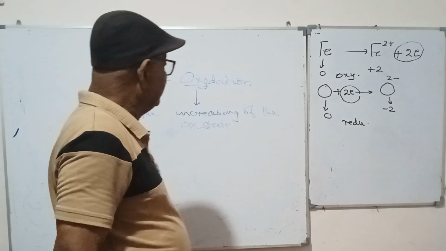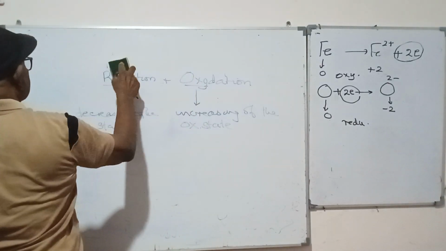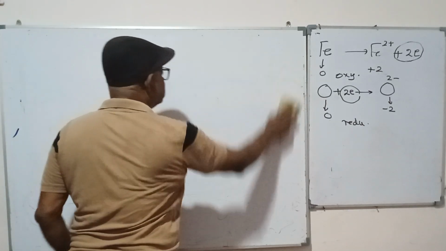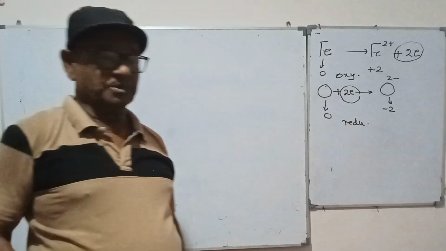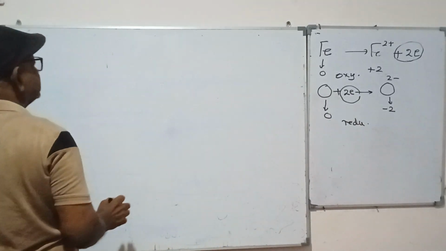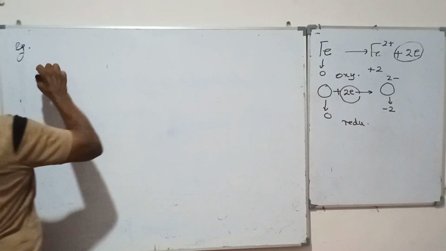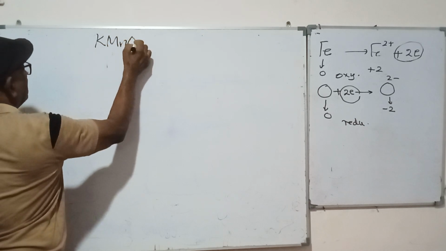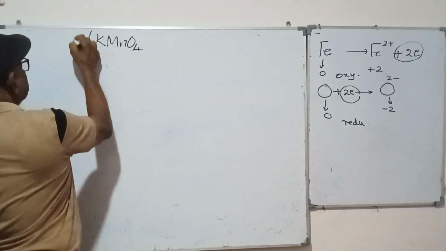Then, shall we go to examples, a few complex examples? These are two very simple reactions for how to write the balanced half reaction. Right, as an example, I'll give you KMnO4 in an acidic medium, H plus.